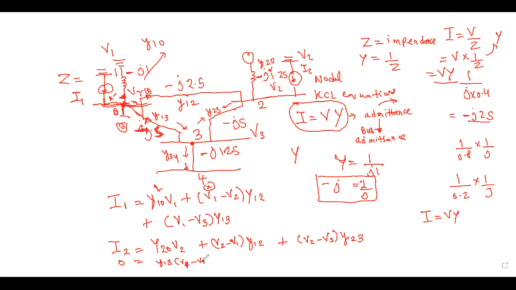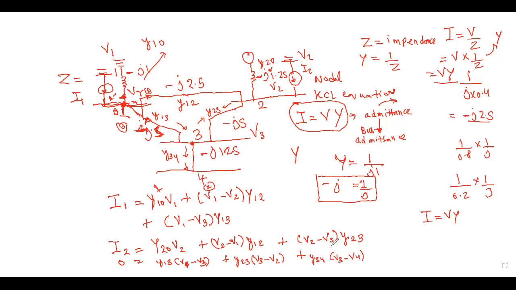Then plus Y23 into V3 minus V2. Then plus Y34 into V3 minus V4. Very nice.